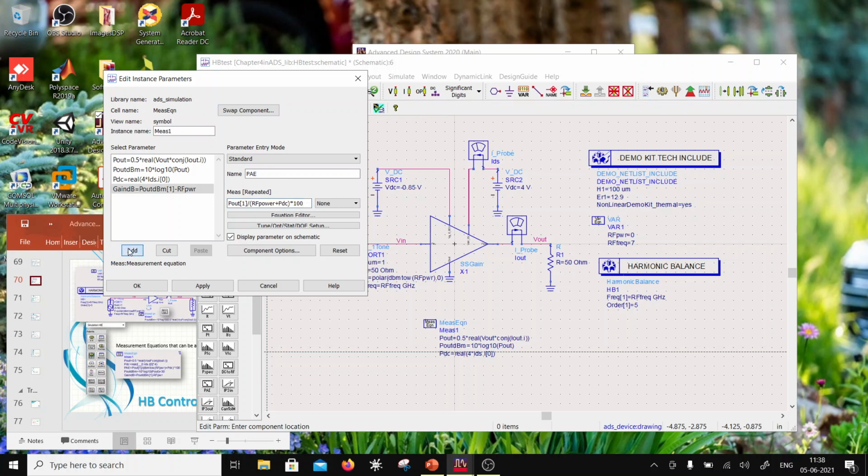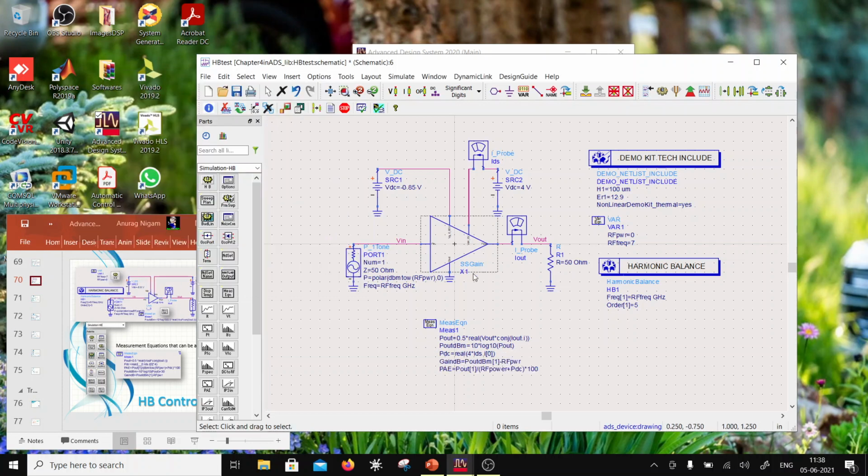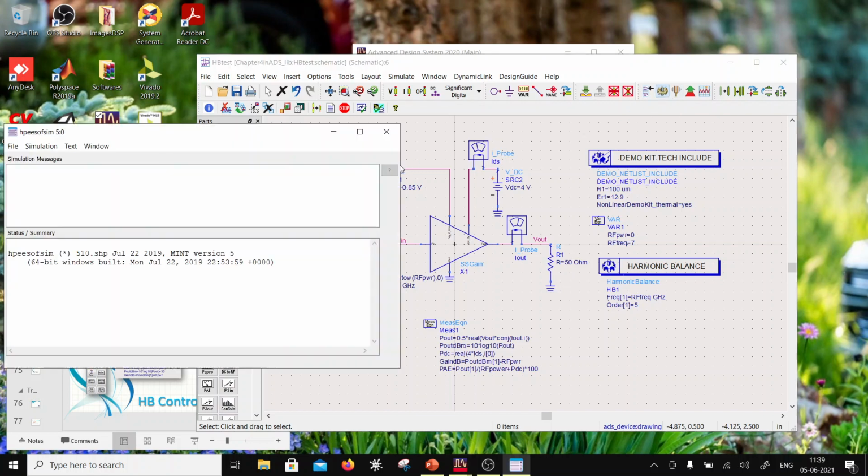So that is going to be PAE, power added efficiency. Okay, so that's done, and I can hit simulate.